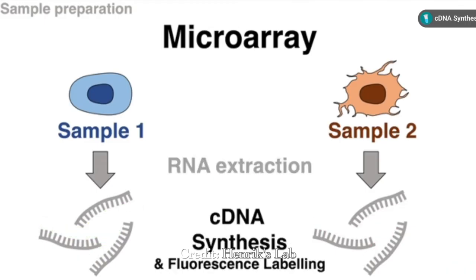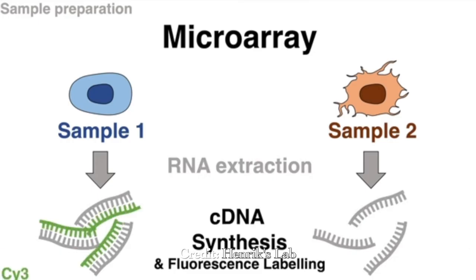So one of the cell lines, say the healthy ones, will be labeled with one color, let's say a green fluorescent probe, and then the one from the cancer cell line would be labeled with a red fluorescent probe.